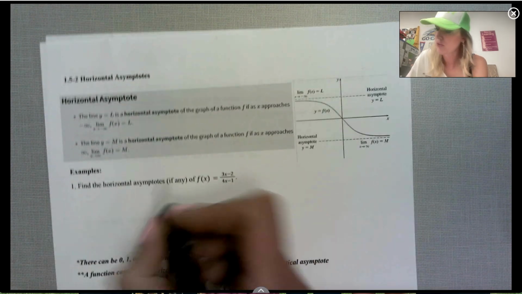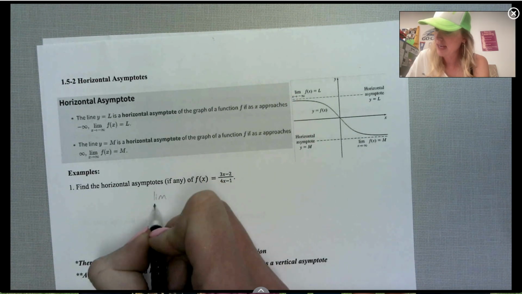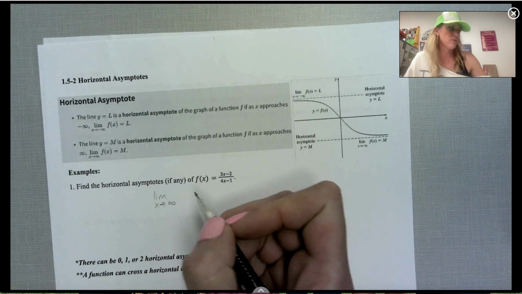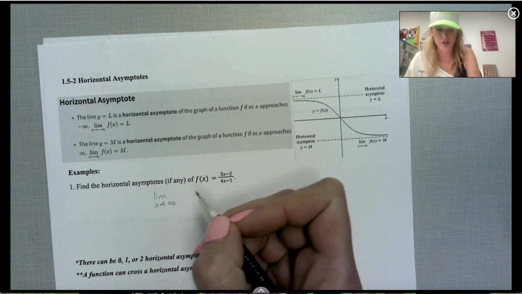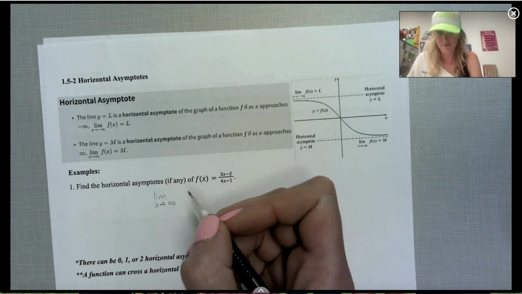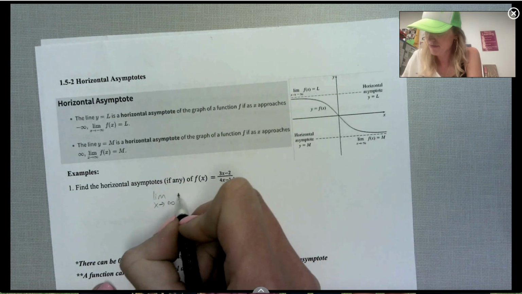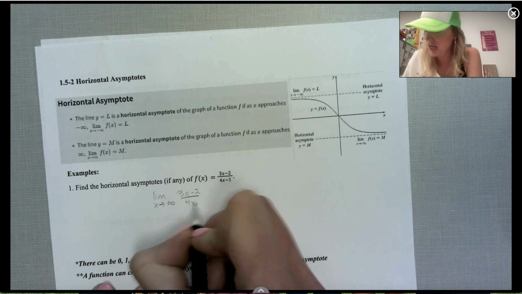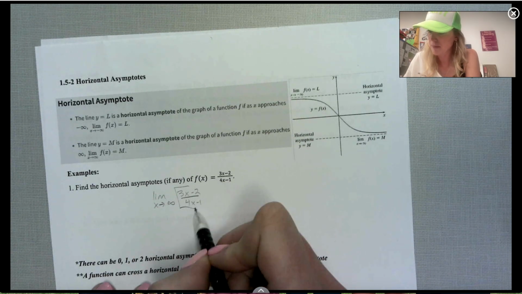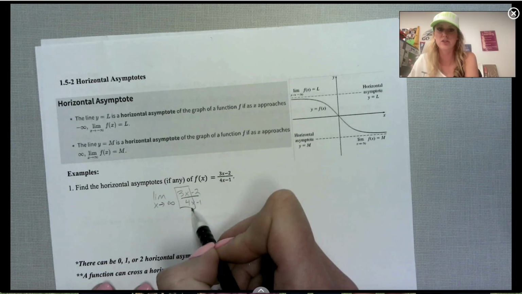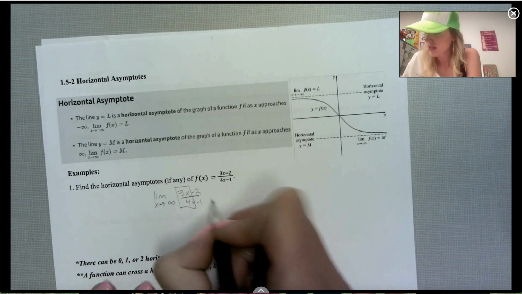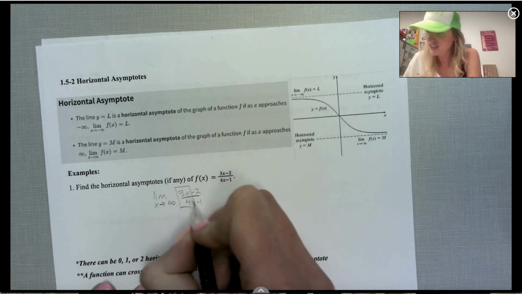So remember, one of the things we looked at is when I find the limit as x approaches, let's start with positive infinity, of this function, we have (3x minus 2) over (4x plus 1). Remember, I can just look at the leading power, so the highest term in the numerator versus the highest term in the denominator. So when I do that, I have x to the first and x to the first.